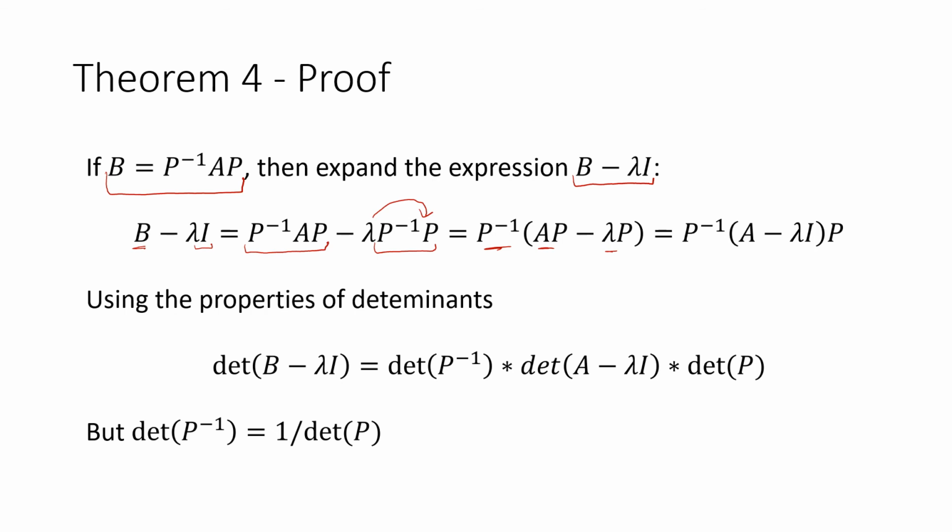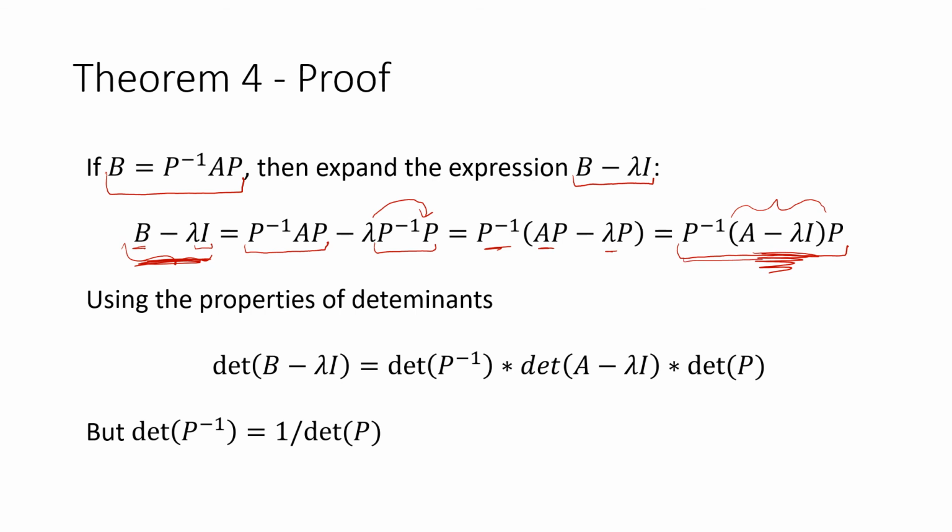But now note you have a P on the right-hand side, so I can rewrite it that way with the P on the right side. And notice what I have now. I started with B minus lambda I. I've ended up with an A minus lambda I right in the middle. So that means that B minus lambda I, remember that's just a matrix, is similar to A minus lambda I.